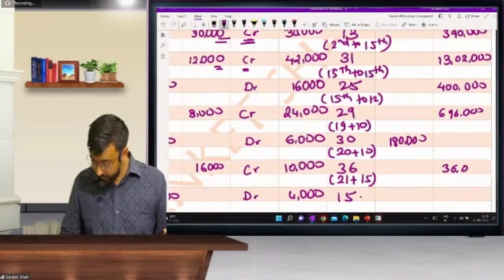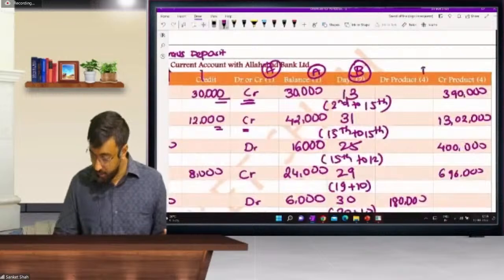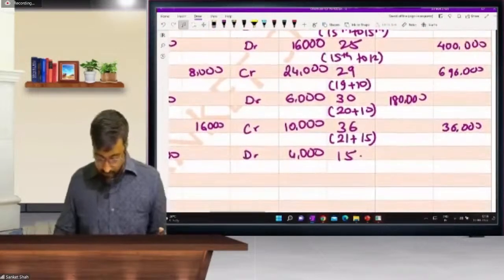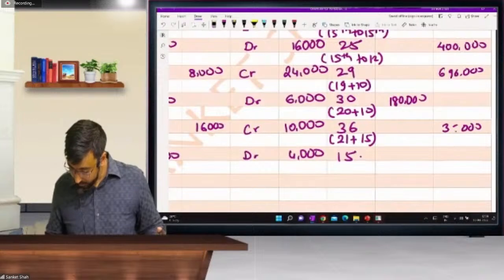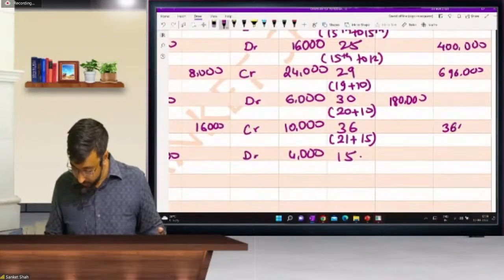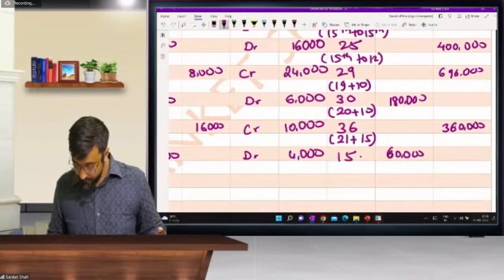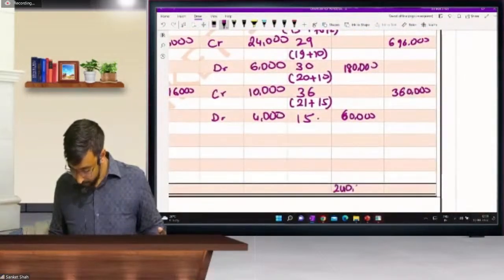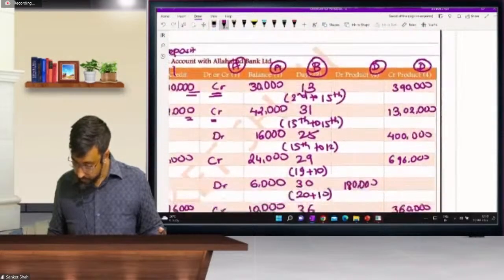Here credit multiplication. Beta, this is D column. 36,000. Sorry, 36 into 10,000 is 3,60,000. And 60,000. Now I will take a total. E.